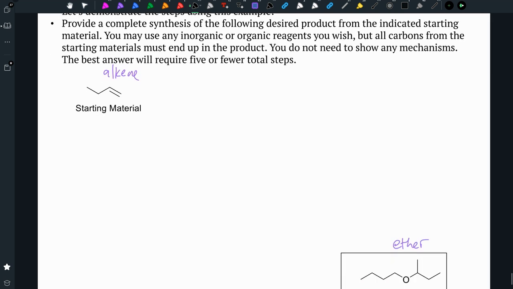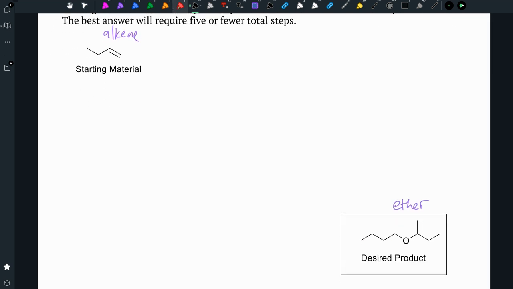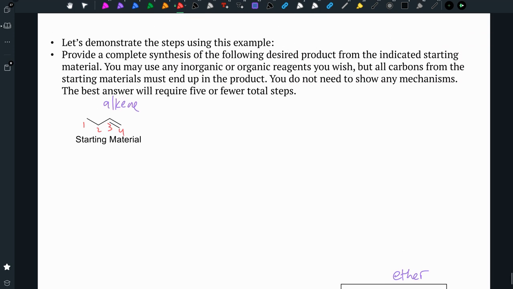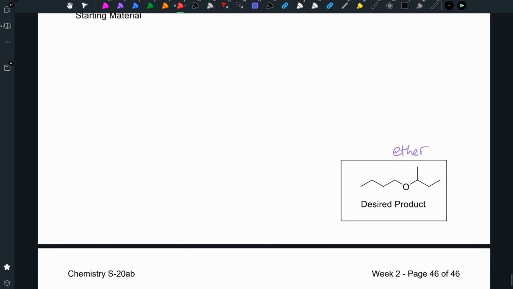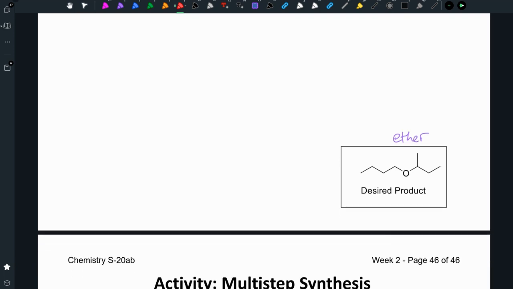So for this example at the bottom of the page, I would say, okay, I have 1, 2, 3, 4 carbons here, and I have 1, 2, 3, 4 carbons here, and 1, 2, 3, 4 carbons here.